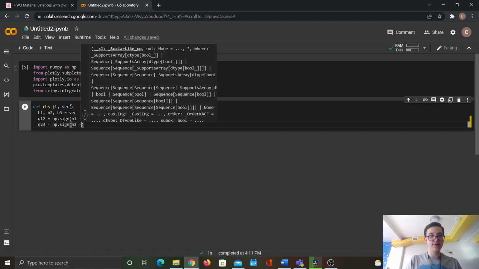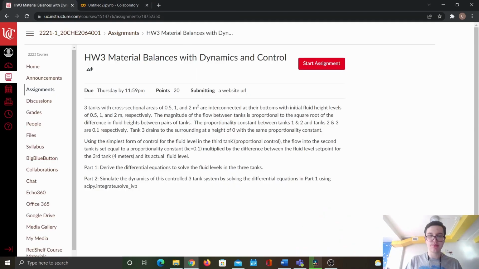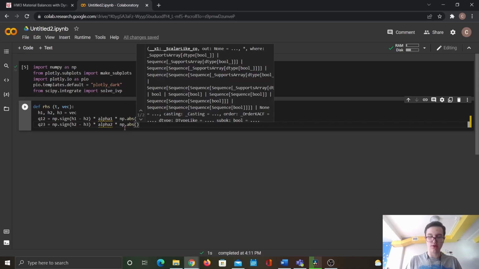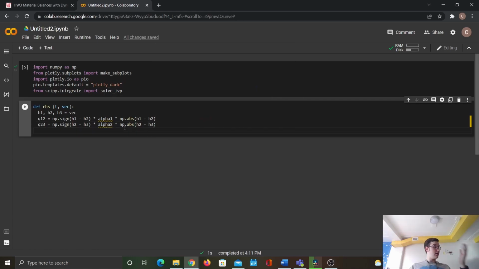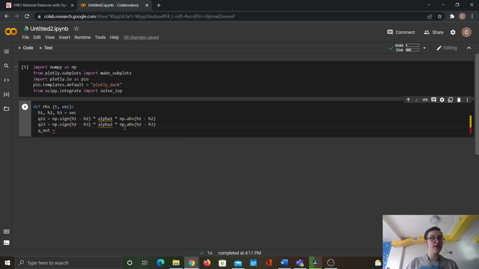the height of tank 2 minus the height of liquid in tank 3, multiplied by alpha 2, the proportionality constant, times np.abs, numpy absolute value, of h2 minus h3. So again, height of liquid in tank 2, height of liquid in tank 3. Then Q out, the flow rate out, is equal to, as I wrote down earlier, alpha 3, the proportionality constant of tank 3, multiplied by h3.